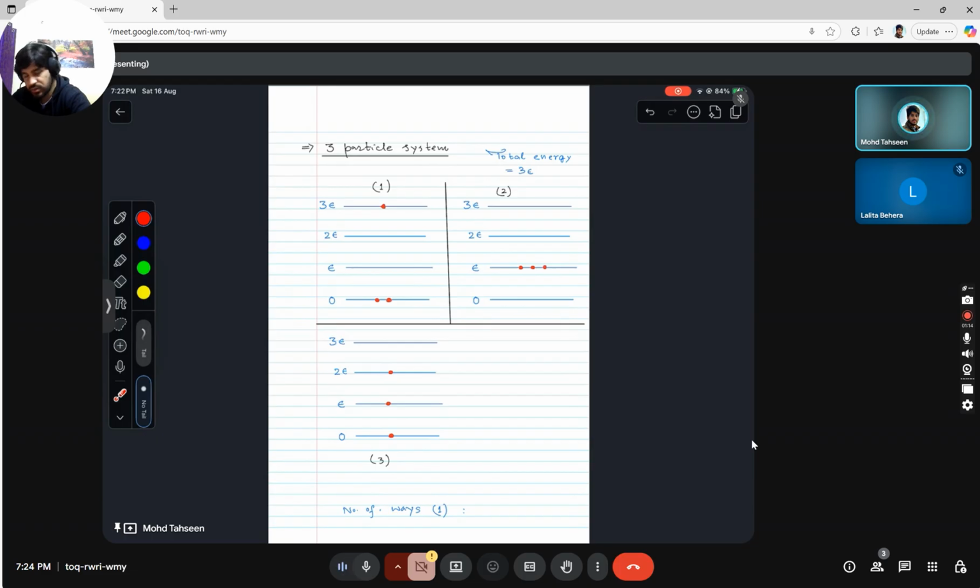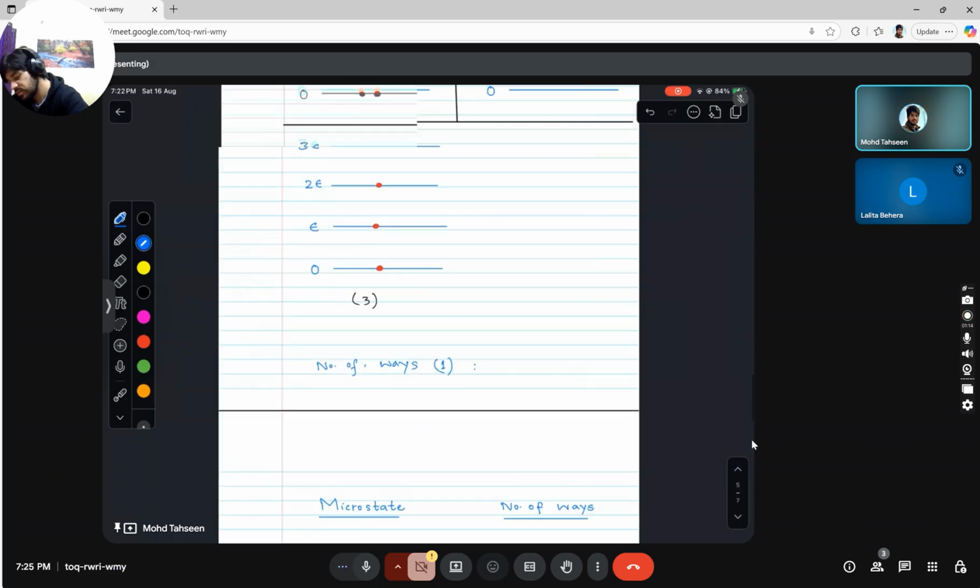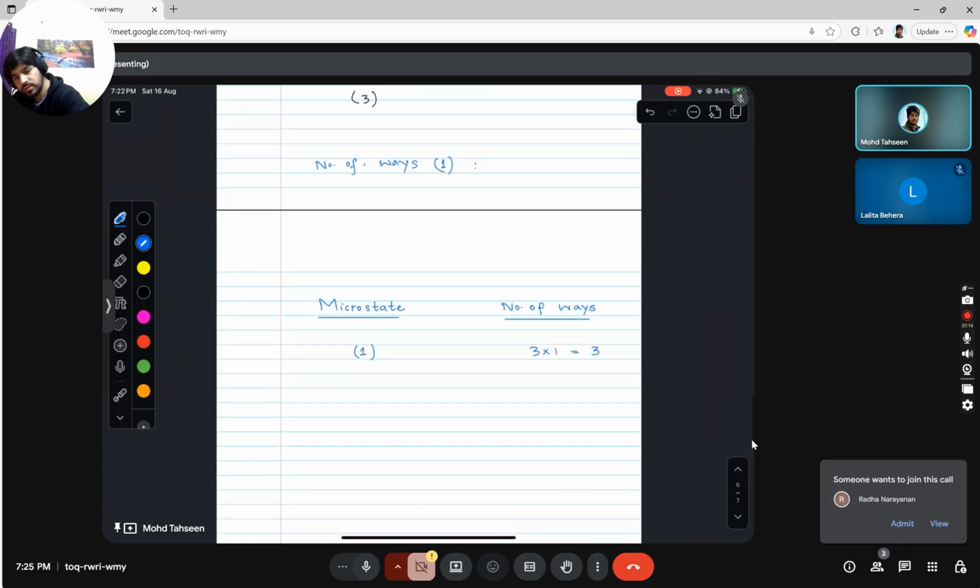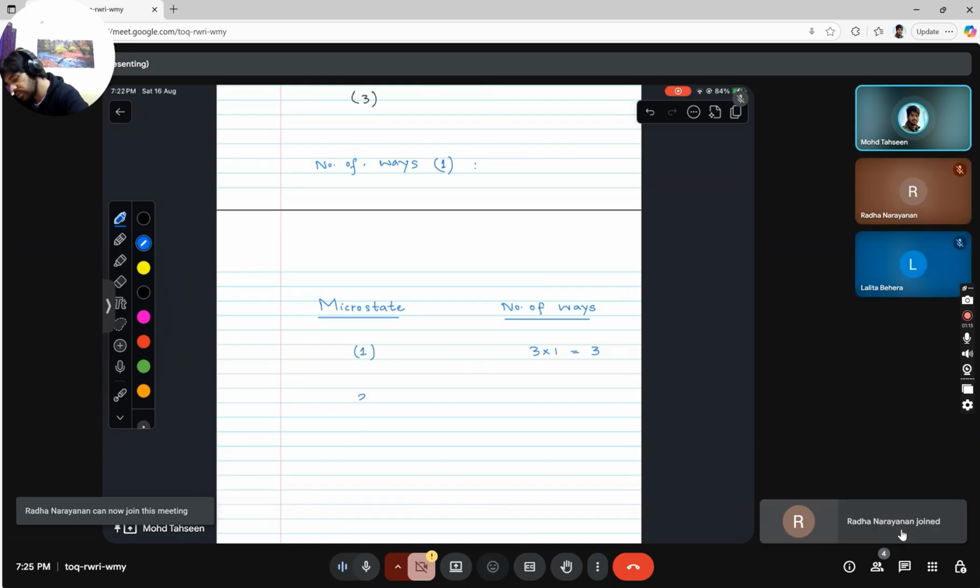So there's only one way in which you can put all the particles here, and if you consider other permutations like this particle here, that will not matter because this is the same energy level. So there's only one way of putting 3 particles in a particular energy level. So for microstate 2, there is only one way of constructing that microstate.